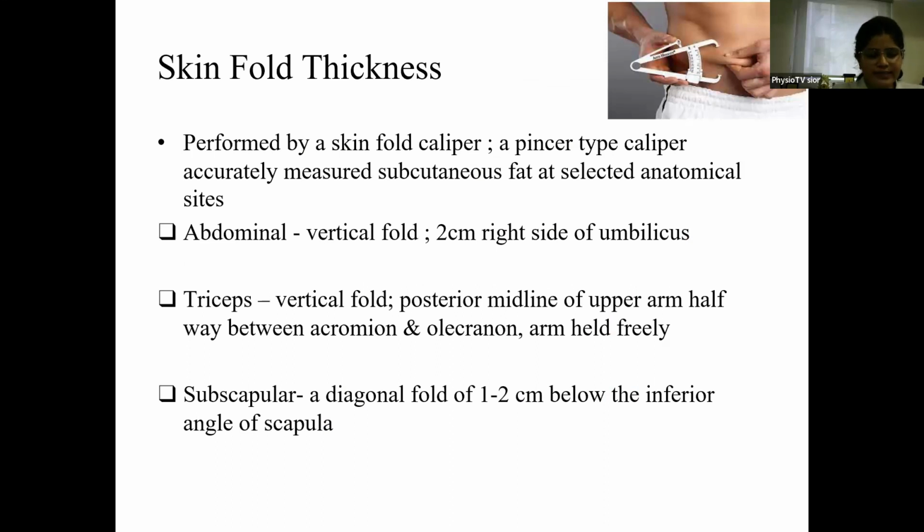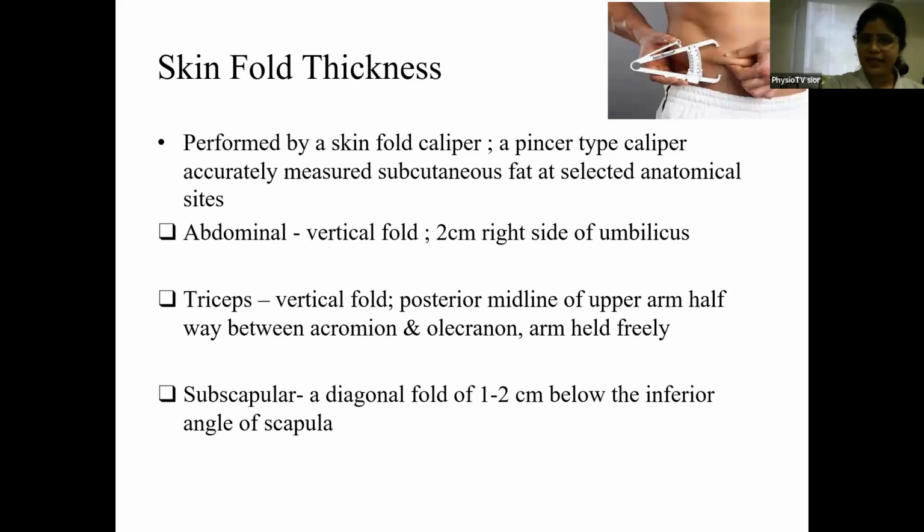Now, skin fold thickness. Its reliability is 0.90. It is performed using a pincer type caliper, accurately measuring subcutaneous fat at selected anatomical sites. For abdominal, it is a vertical fold 2 centimeters to the side of the umbilicus.